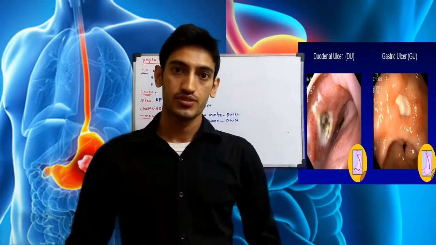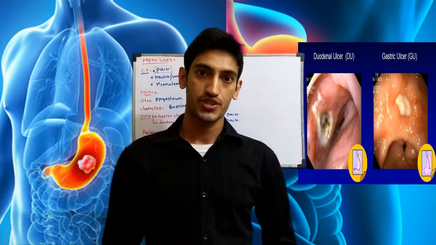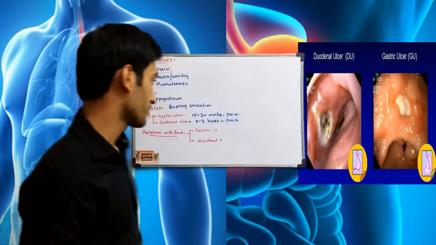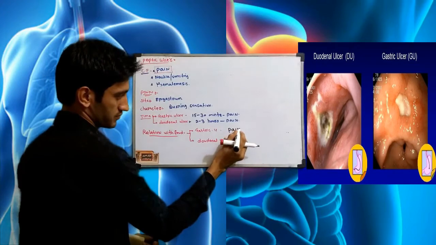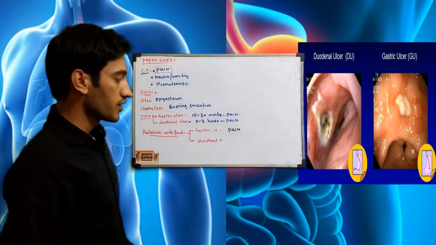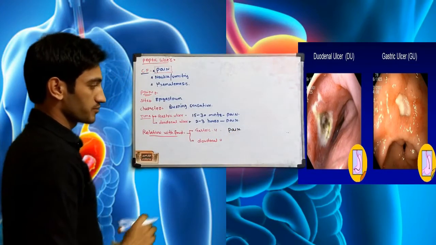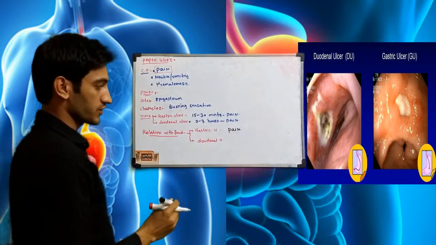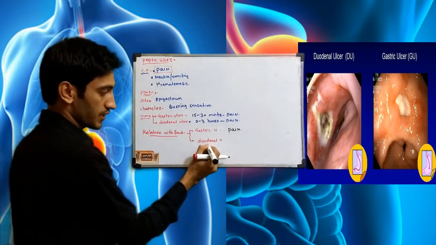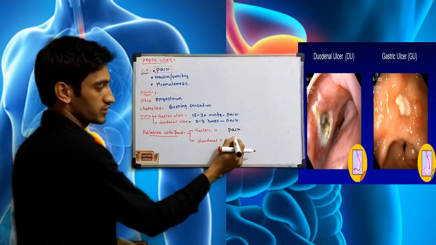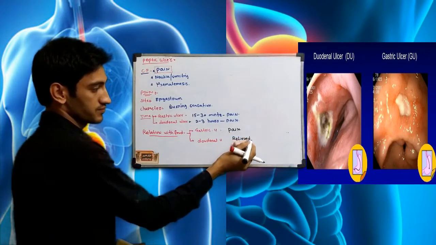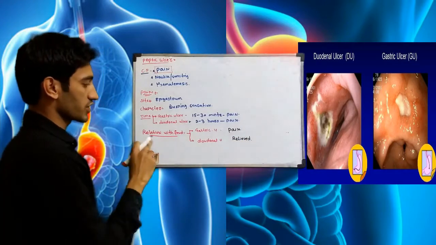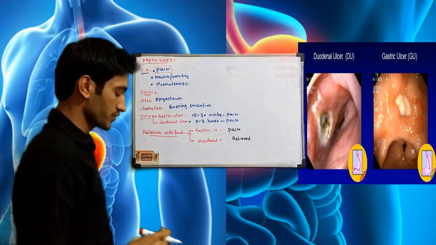In case of gastric ulcer, if the patient takes food, the patient will feel the pain. But in case of duodenal ulcer, if the patient takes food, the pain will be relieved. So this is the relation with the food.